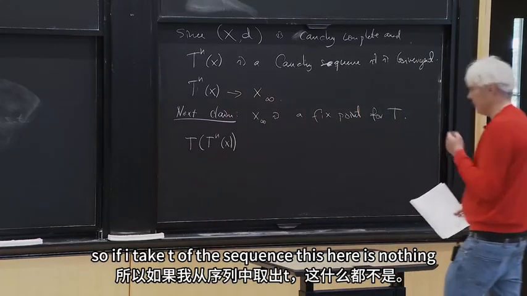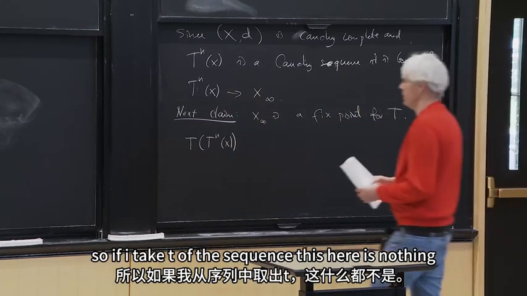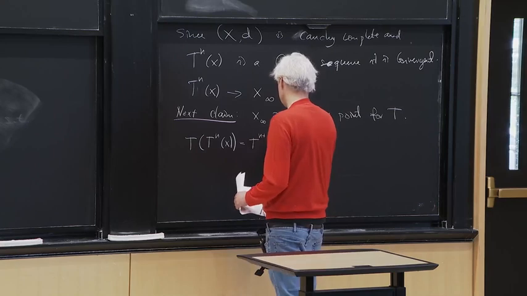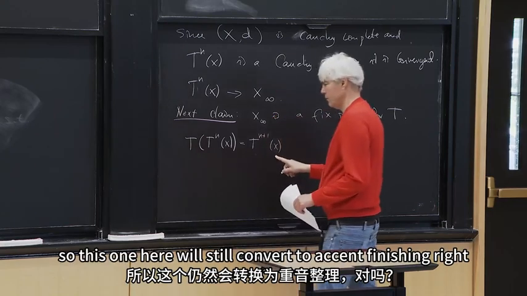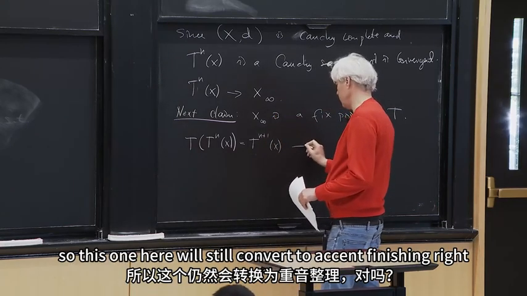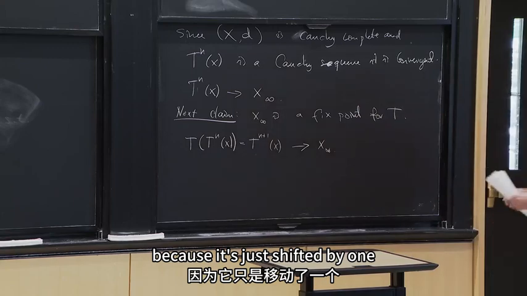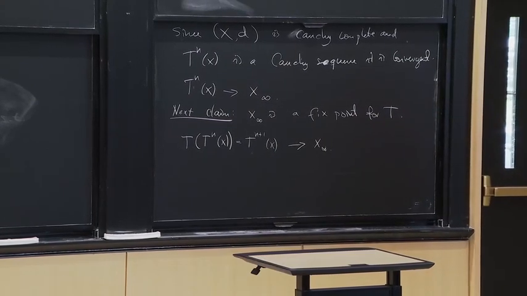So if I take T of the sequence, this here is nothing but the next element in the sequence. So this one here will still converge to x infinity, right? Because it's just shifted by 1.